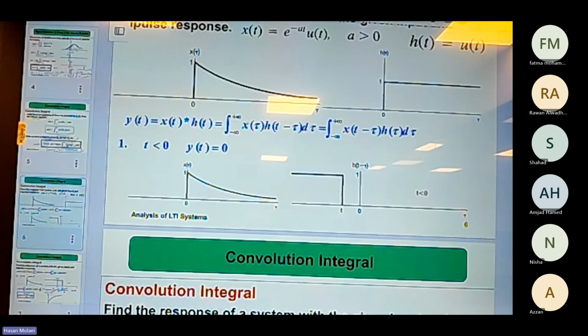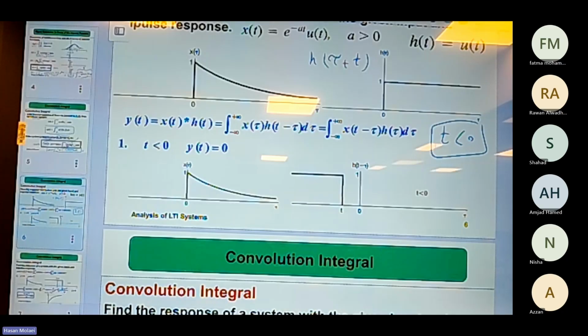So I can consider t now. Suppose t is smaller than 0, a negative value. How is h(tau plus t)? Since t is a negative value, it goes to the right or left?